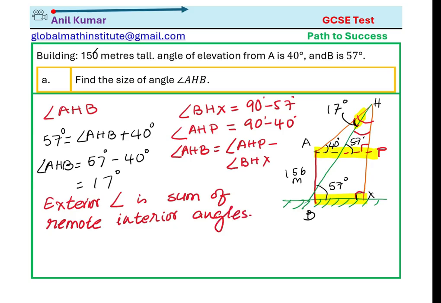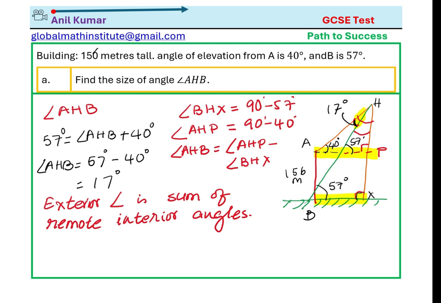So 40 and the other angle are remote interior, away, right? The third one is 180 minus 57. So it is as simple as that. Easily you can find. And this particular concept is used in many questions. So it is not just saving three steps here, but it is saving three steps in most of the questions. Great. So we got that angle.